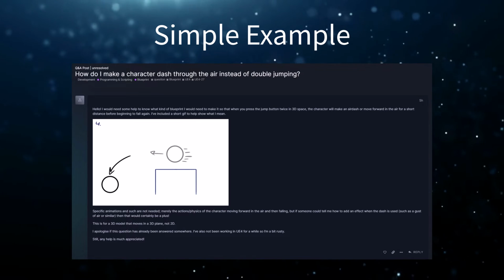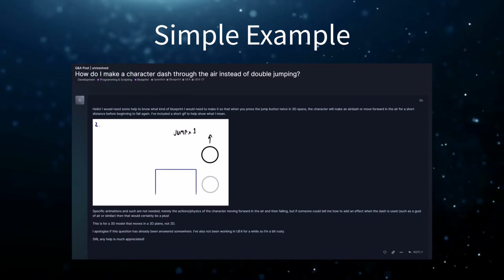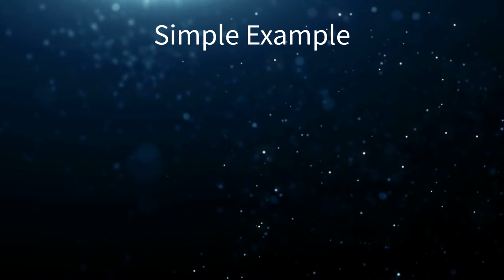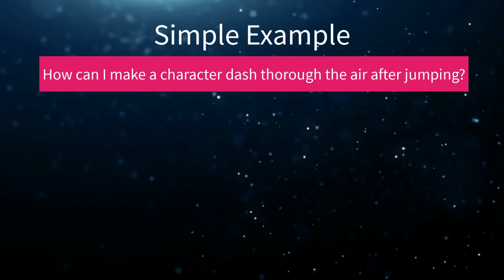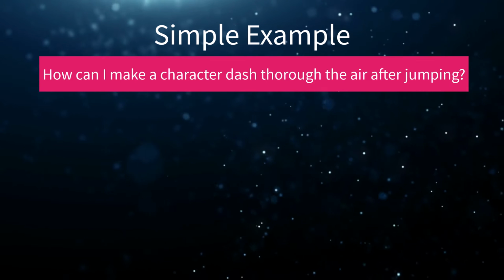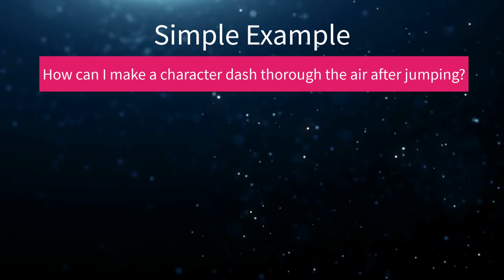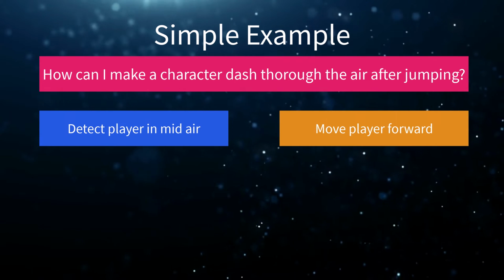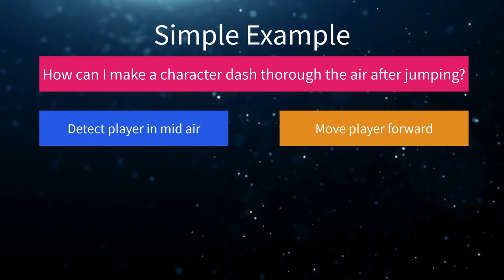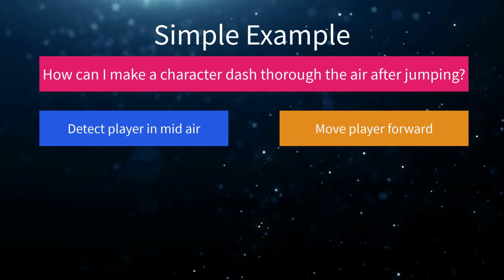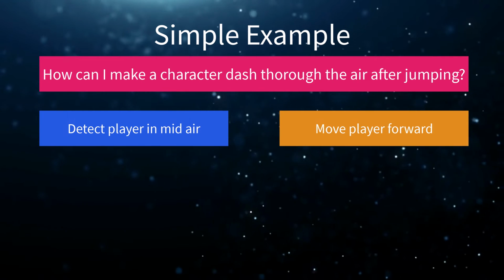Now let's apply the programmer's mindset to this problem and see how we can approach it. How can I make a character dash through the air after jumping? By thinking like a programmer, we can better define the problem as follows. We have two big tasks. We need to detect when the player is in mid-air or falling, and if so, we need to move the player forward.